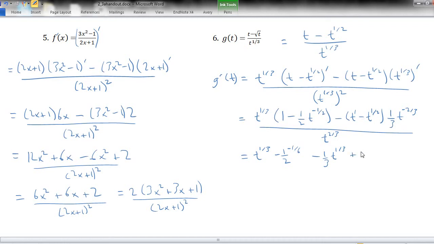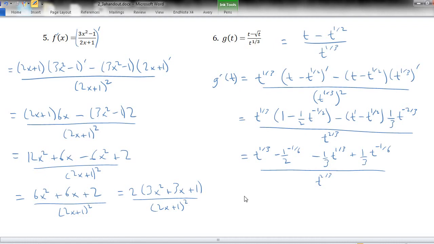So I have plus this 1/3 times t to the 1/2 times t to the negative 2/3. And 1/2 minus 2/3 is, again, going to be negative 1/6. So t to the negative 1/6, and all that over t to the 2/3. Okay, good.